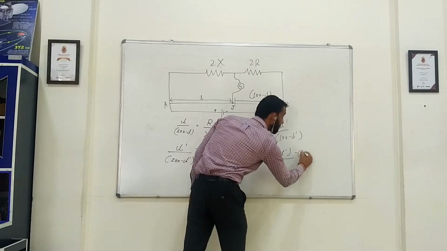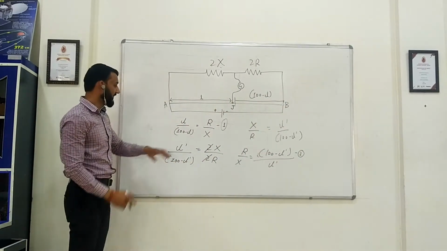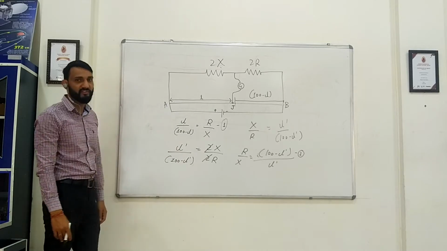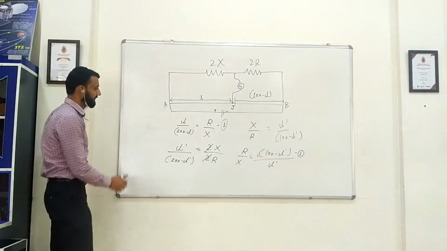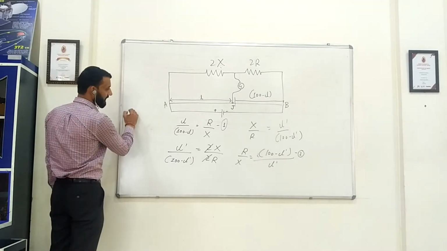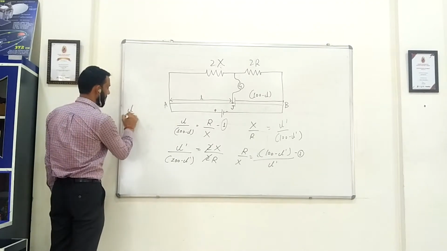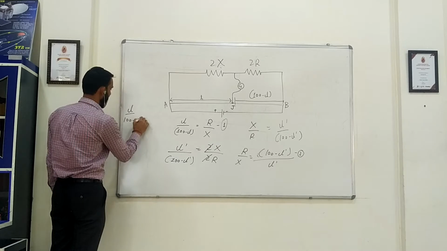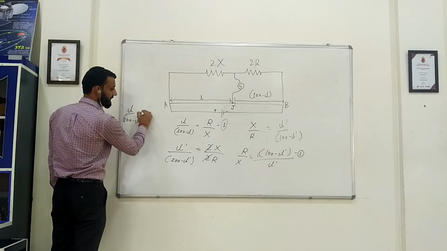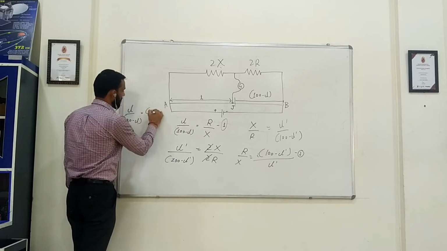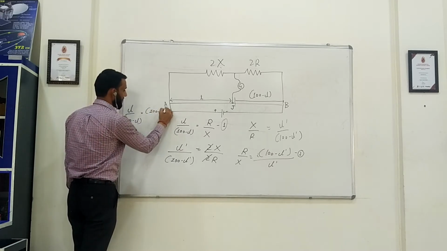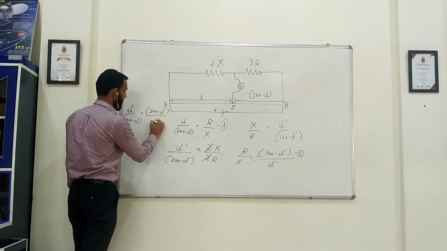This is the second equation. If you look at equation number 1 and equation number 2, we can equate them. If you equate these two, it will be L upon 100 minus L is equal to 100 minus L dash upon L dash.